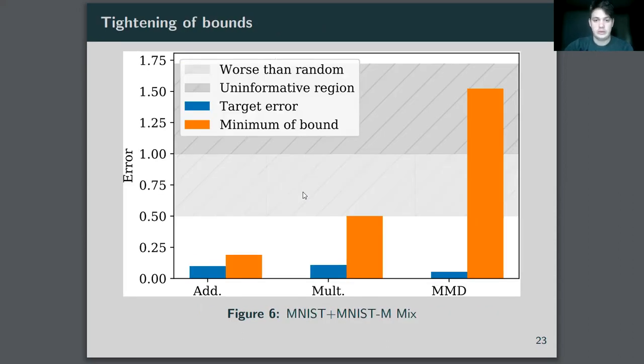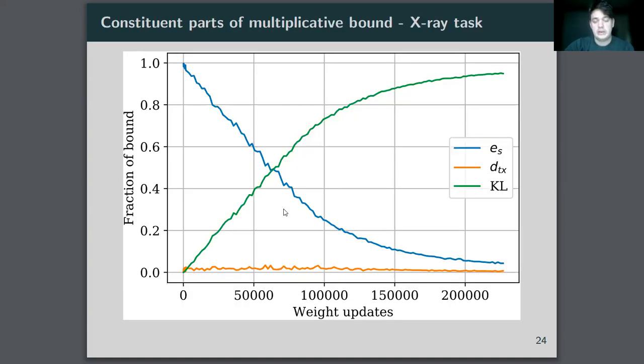So again, if we look at the MNIST case, we've seen an obvious tightening of the bounds from what we saw in the beginning, much closer to the actual target error here, which is useful. We also looked at how the different parts of the bounds vary over training time and how large of an amount of the final bound they are.